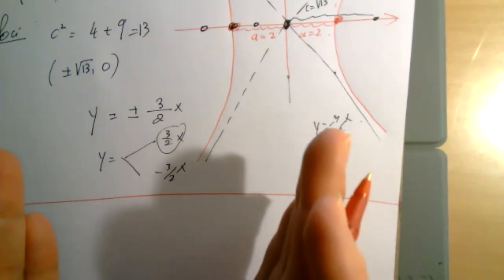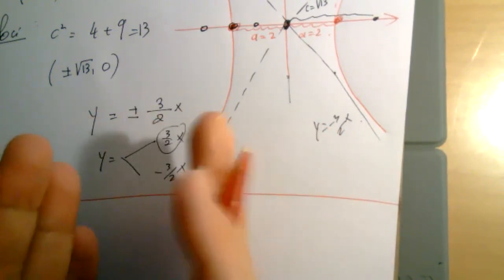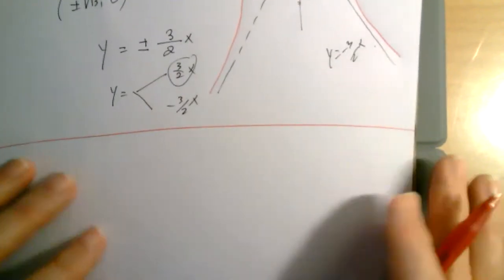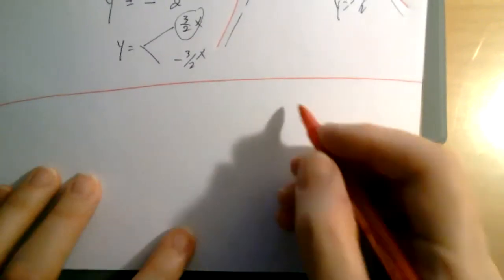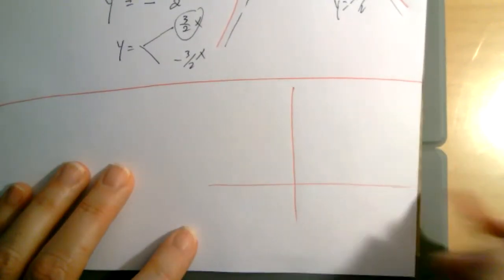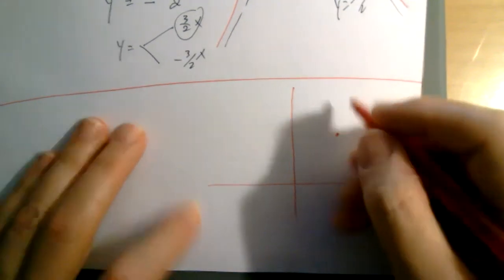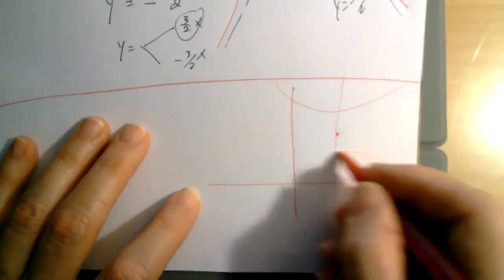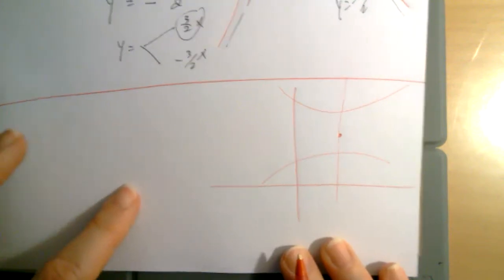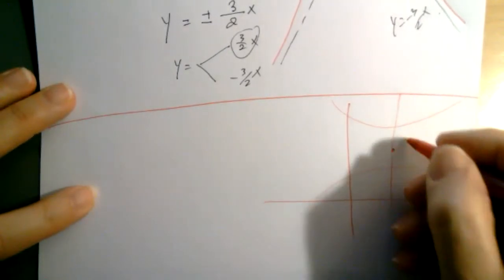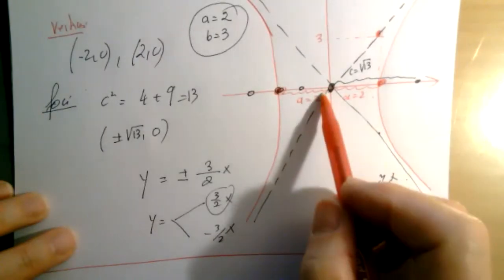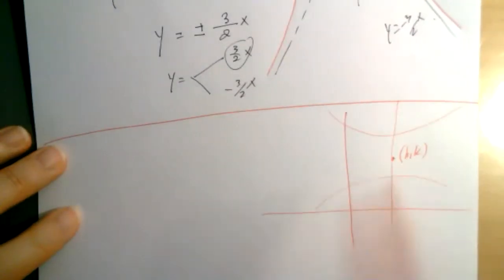It's the same idea. The only thing changed is that when the center is changing, then the equation will change automatically. So suppose I have a hyperbola, whether it's open up and down or open left and right. So suppose it is like this, it doesn't matter how it is open. And this is the center now. So instead of 0, the center is going to change.